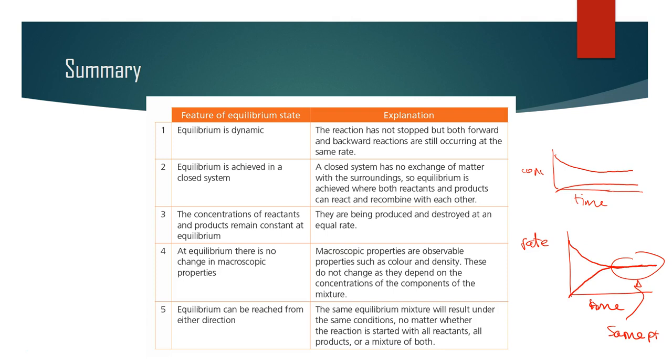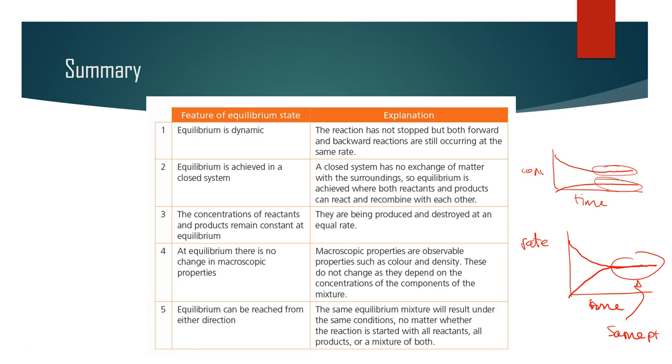So just remembering that we need to note that equilibrium is dynamic, that we will only see equilibrium being reached in a closed system, so we have to be able to define our system, okay, that the concentration of the reactants and products remains constant at equilibrium, so this horizontal line that doesn't change.